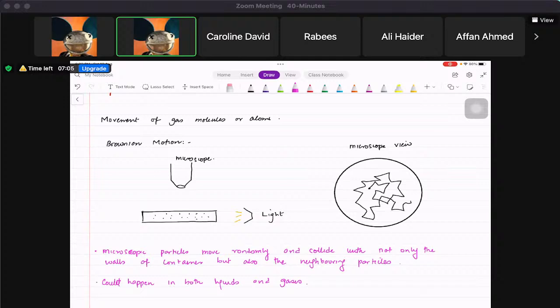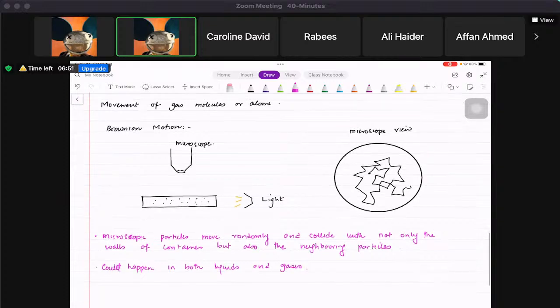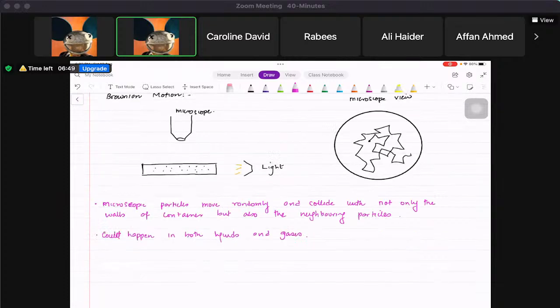Now, there were 3 different scientists who worked on gases and realized the relationship between volume, pressure, and temperature. Okay, so we're going to learn about each of them.